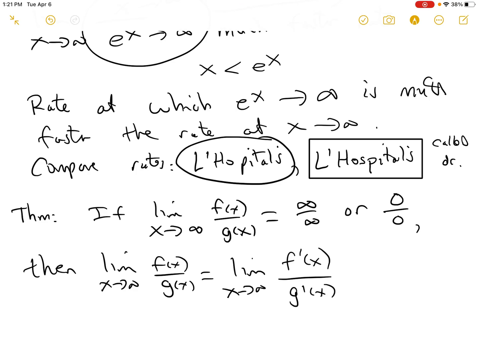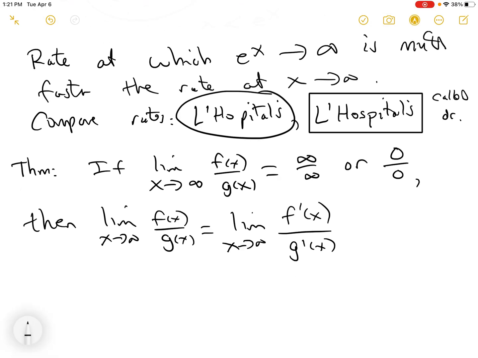Right? So in move 1, you see that it's infinity over infinity, or 0 over 0, and you go, okay, which one's going there faster? So you take derivatives and you compare the rates, which is what a derivative is. And if this gives you a number, say 5, then that's the limit. If you get infinity over infinity or 0 over 0 again, you can keep doing this as many times as you want until you get an answer.